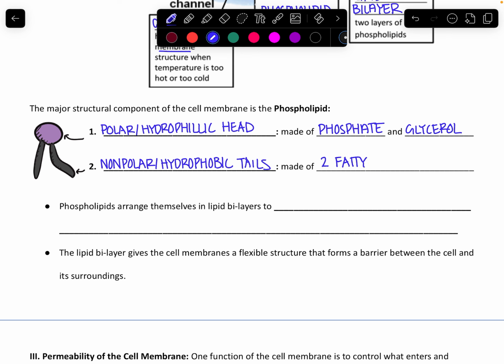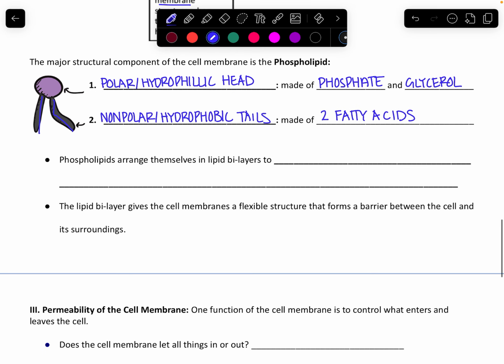You guys saw in your earlier activities that those fatty acids can be saturated and more of a straight chain, or they can be unsaturated, which will give it that double bond and that bent chain. Okay. Now, the reason that we have that bilayer is because our phospholipids arrange themselves into the two layers to shield those hydrophobic tails from those watery environments inside and outside of the cell.